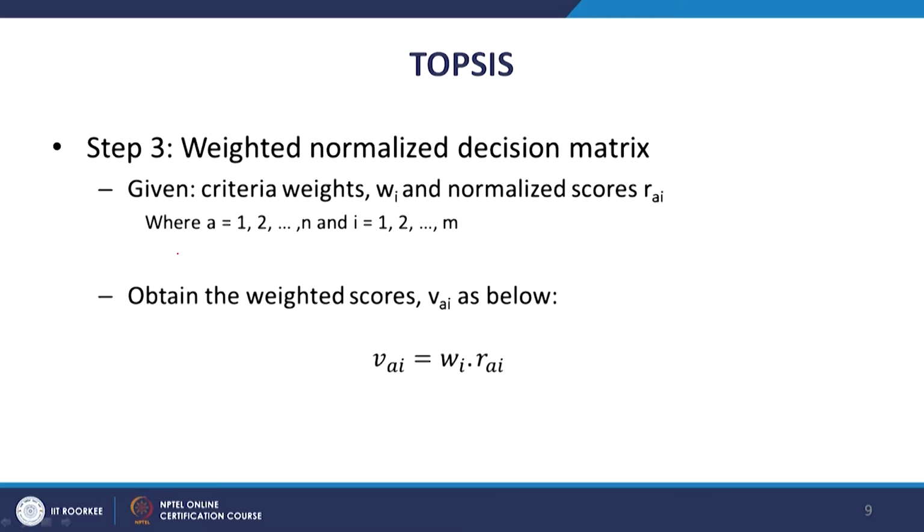Weighted scores are nothing but a simple multiplication of these two values. So, criteria weights are going to be multiplied by these normalized scores. So, Vai, the weighted normalized score, is going to be Wi multiplied with Rai. So, we will get the weighted normalized score.